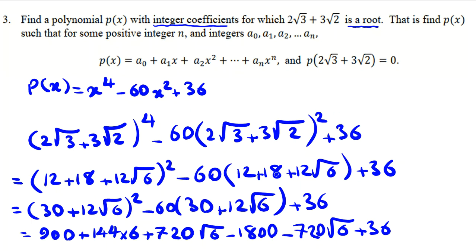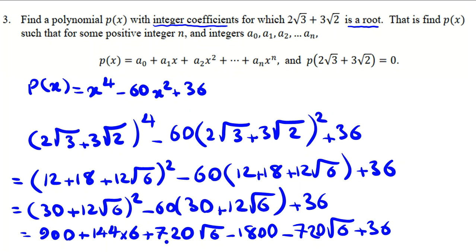Again, similarly, we get 12 plus 18 plus 12 root 6, plus 36. Now let's simplify. It is (30 plus 12 root 6) squared minus 60 times (30 plus 12 root 6) plus 36. Now 30 squared is 900, plus (12 root 6) squared is 144 times 6, plus 2 times 30 times 12 root 6, which is 720 root 6.